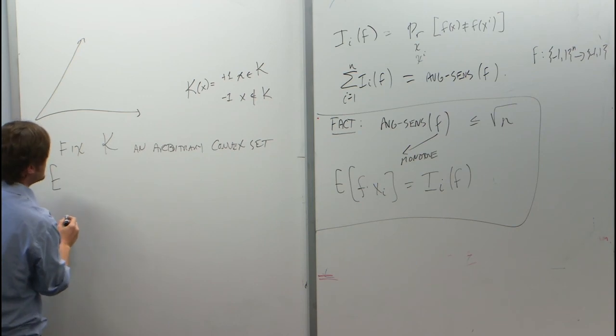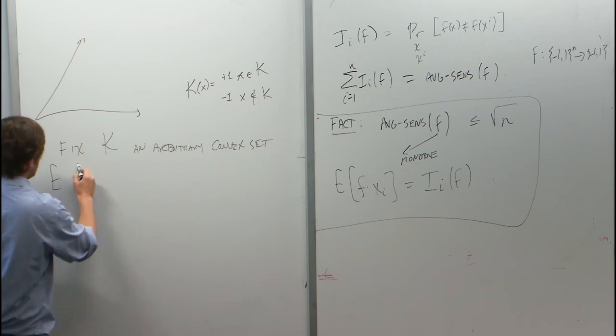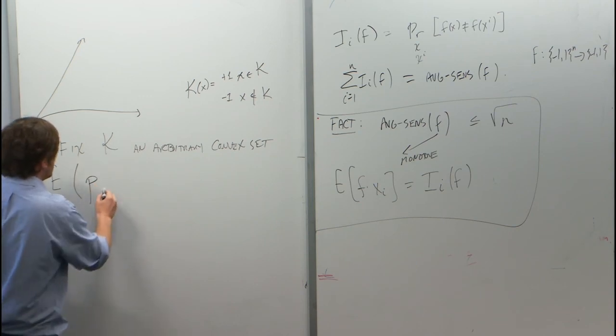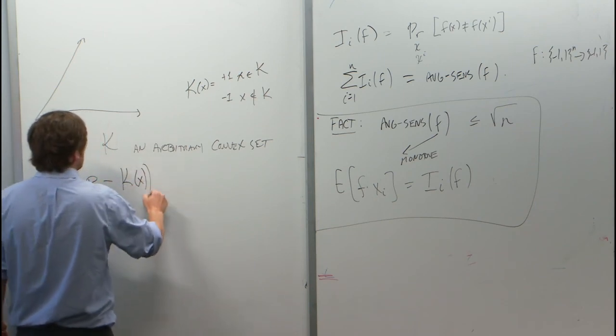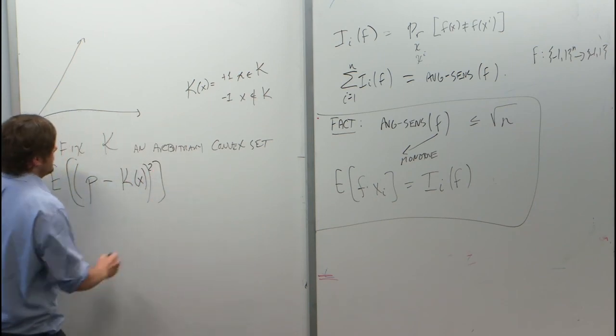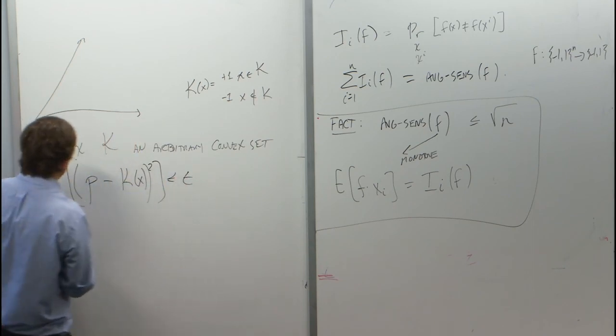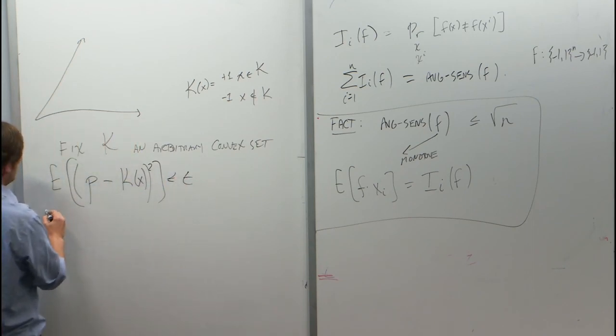Again, we were interested in whether you can find a P such that the expectation of (P - K(X)) squared is less than epsilon. This expectation is with respect to the Gaussian.